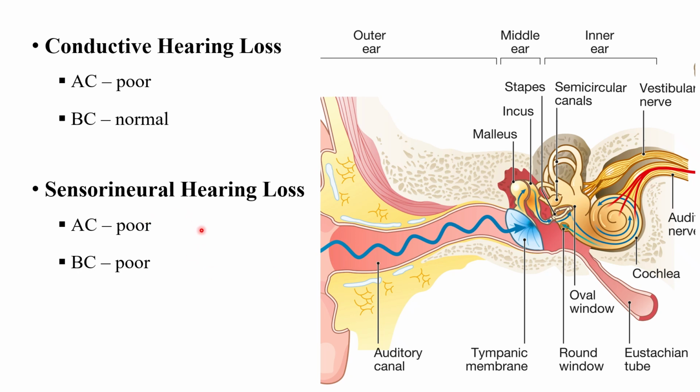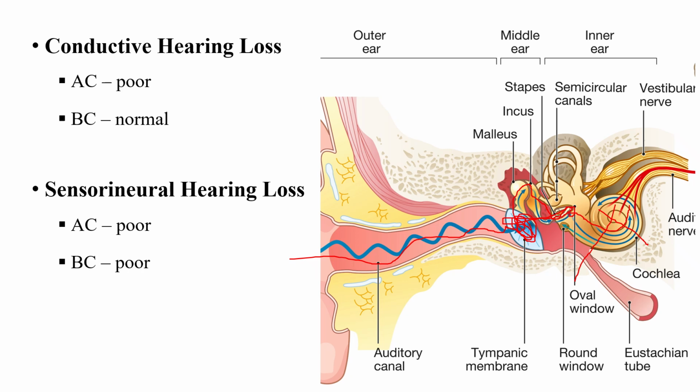Whereas in sensorineural hearing loss, the air conduction passes through here, vibrating the tympanic membrane and then going through the ossicles. Up till here in sensorineural hearing loss, there is no effect, but it has to pass through the cochlea. But the cochlea is affected in sensorineural hearing loss, so air conduction will be poor.